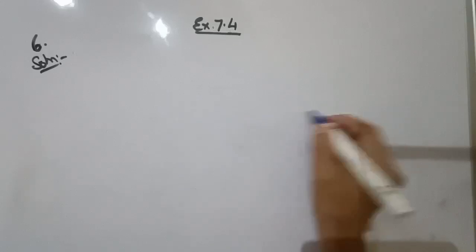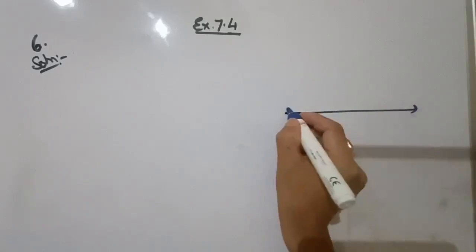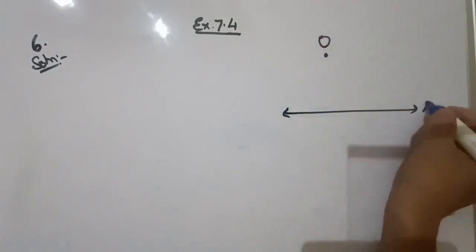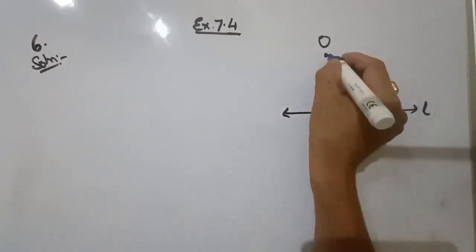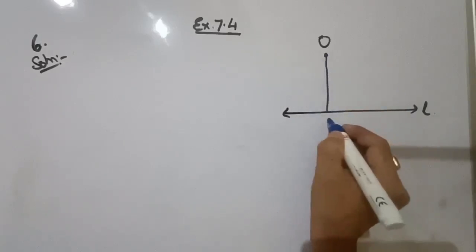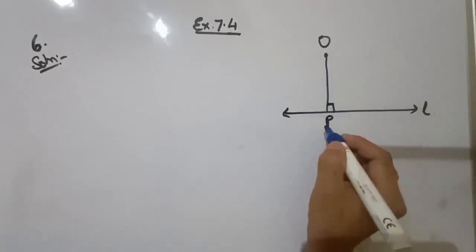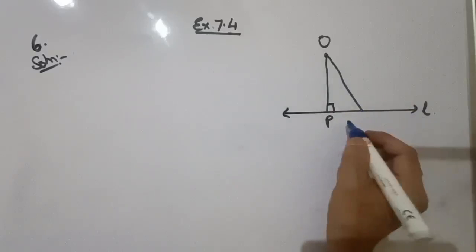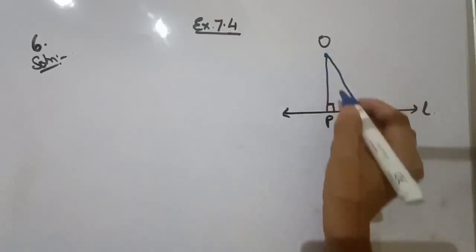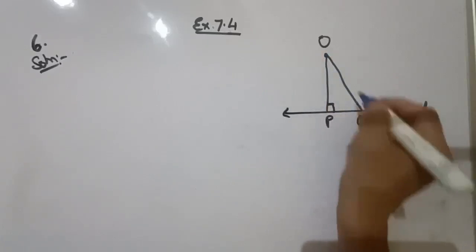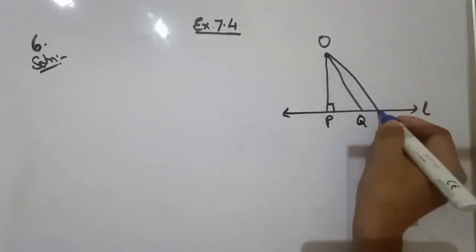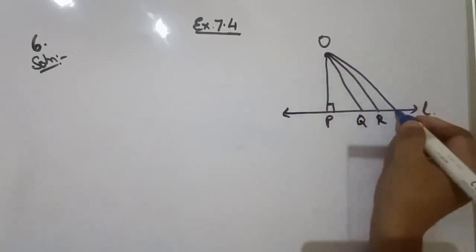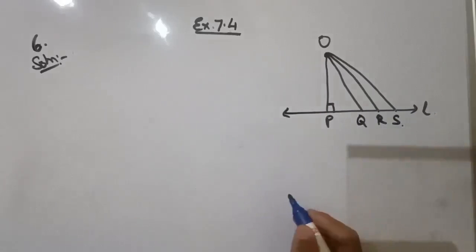Let us take a line L and a point O which is not on the line L, and we draw OP perpendicular to the line and some other lines which are not perpendicular to the line L. Let us suppose this is OQ, this is OR, and this is OS.